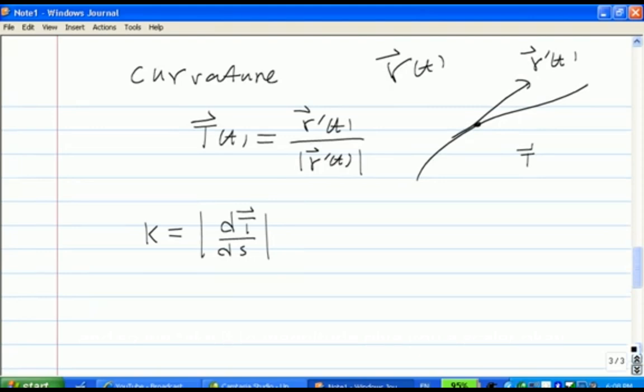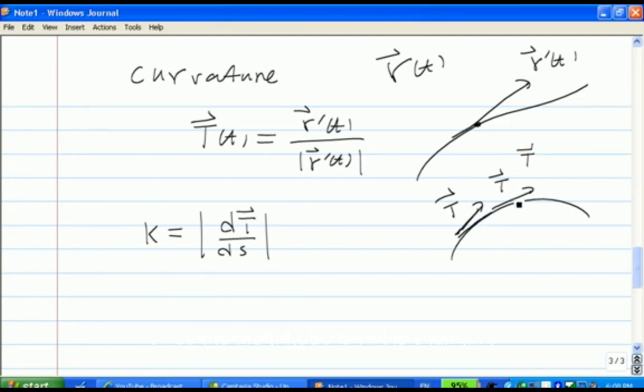Now think about a curve here. Capital T is a tangent direction, and its magnitude is 1. At a different point, you get a different tangent direction. So when the arc length is increasing for this curve, your capital T is changing.